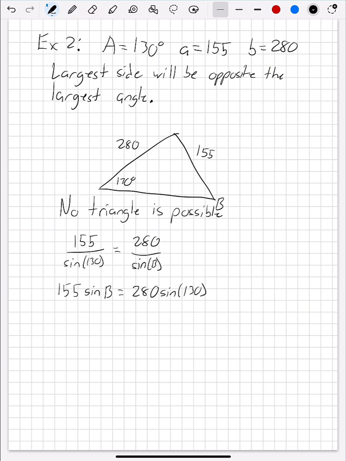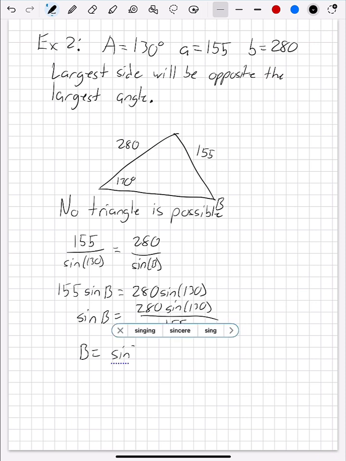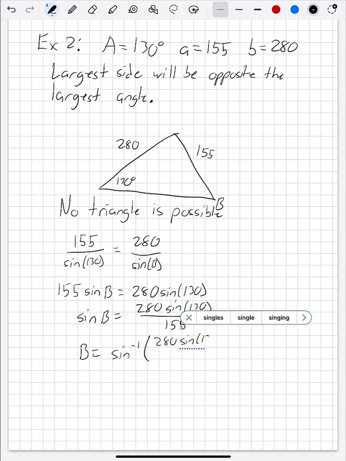I divide over by 155, so sine B is equal to 280 sine 130 over 155. To get rid of my sine, I'd use arc sine or inverse sine. So B will be equal to the inverse sine of 280 sine 130 over 155.